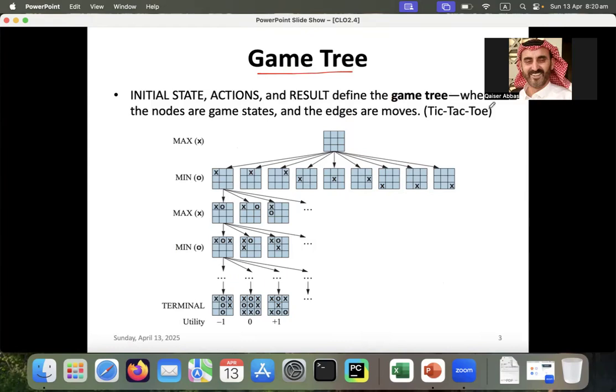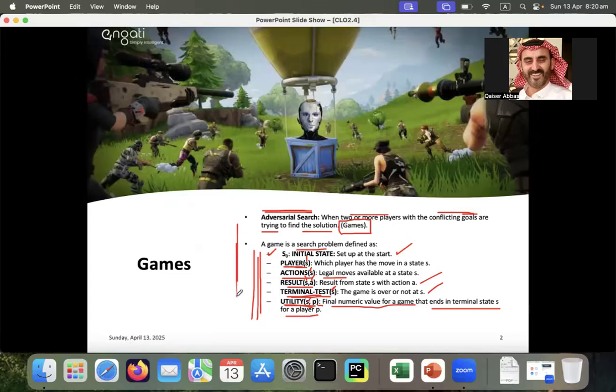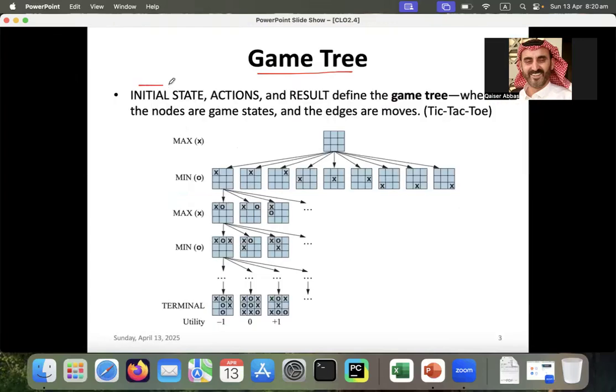In the previous slide, we studied initial state, actions, and the result. Those 3 things are mentioned here again. If you have these 3 things, then you can design a game tree for any game.